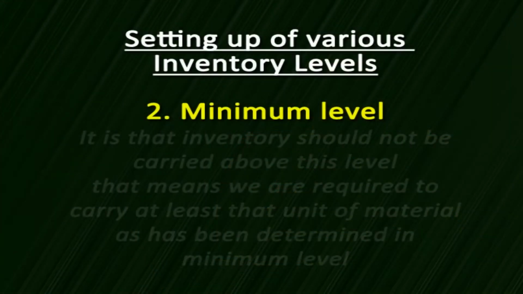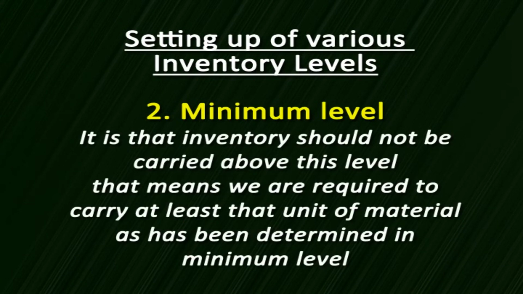Now students, let's learn another level of inventory which is known as minimum level. Minimum level means that inventory should not be carried below this level. That means we are required to carry at least that unit of material as has been determined in minimum level.